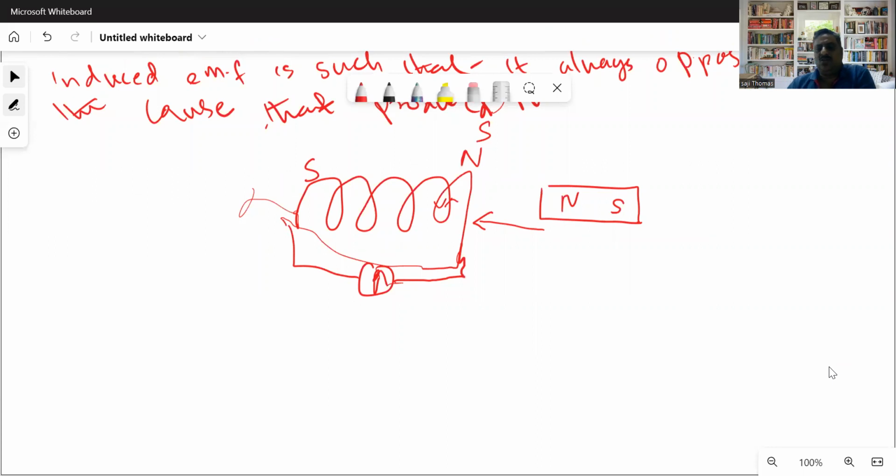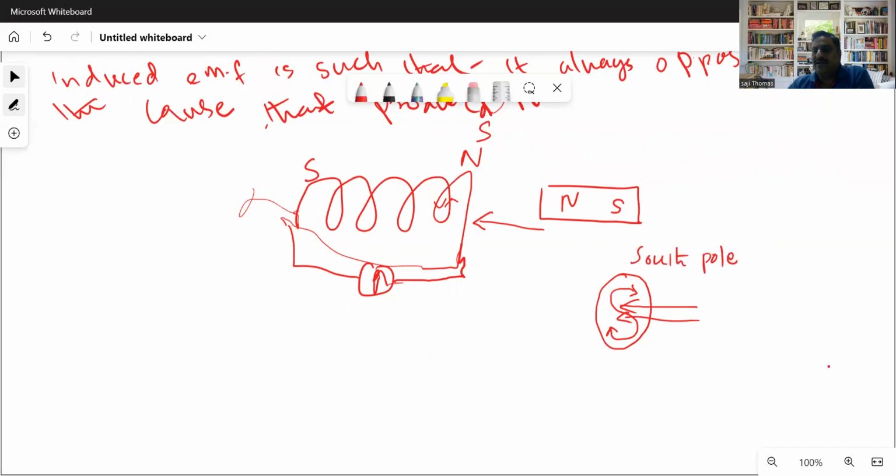Always remember this clock rule. See, this is a circular coil. If the current is in this direction, clockwise, that means the magnetic field will be into the plane of the paper, into it. This represents a south pole.